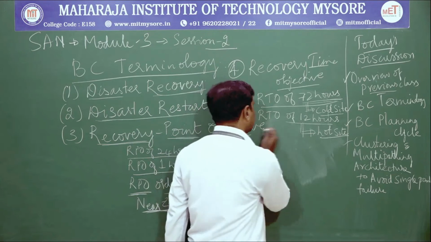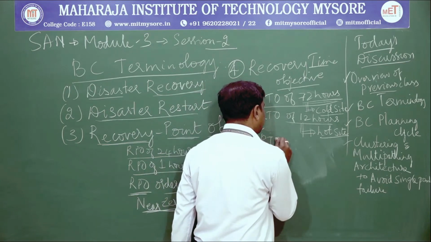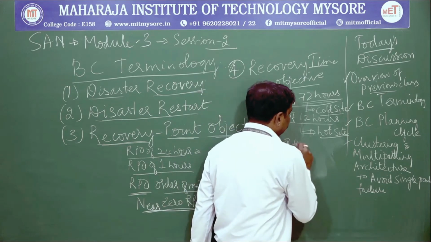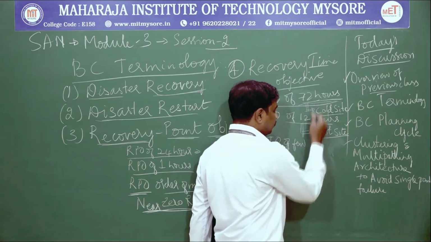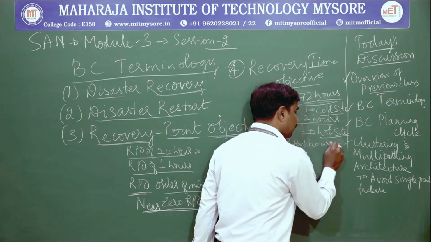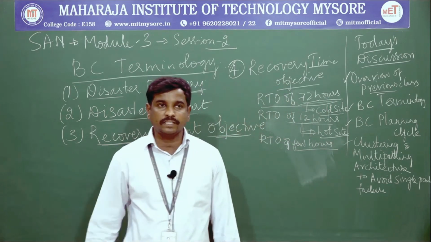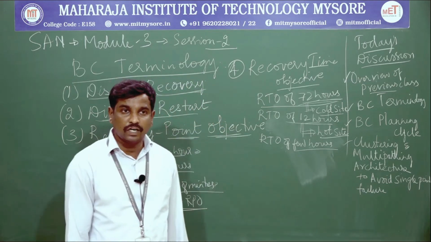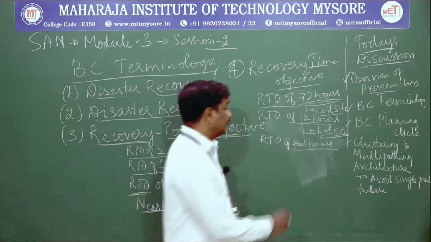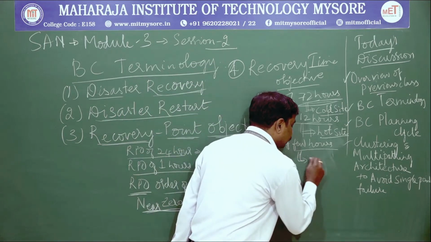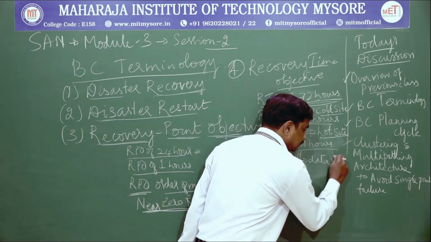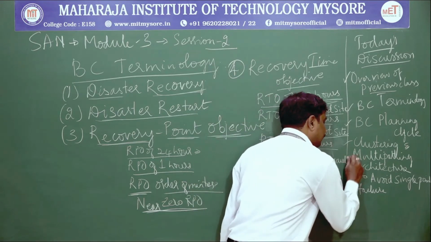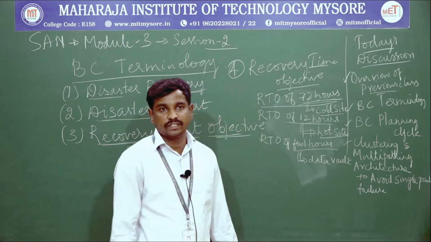And we have a concept called recovery time objective of a few hours. Here we have fixed 12 hours and 72 hours, and there is an objective terminology called recovery time objective of a few hours. It is called a data vault. We will discuss new concepts like the data vault.